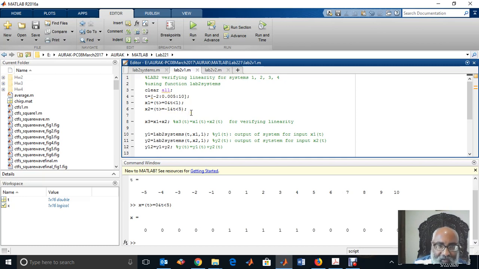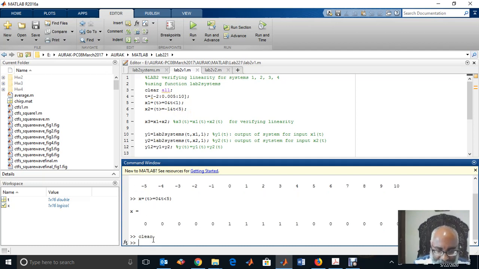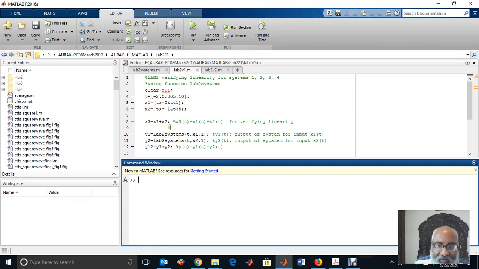That means, okay. So if I plot it, I can show you by plotting this. For example, let me clear this window first. Clear clc. Remember, t is between -2 and 10. x1 will be 1 between 0 and 1. x2 will be 1 between -1 and 5.